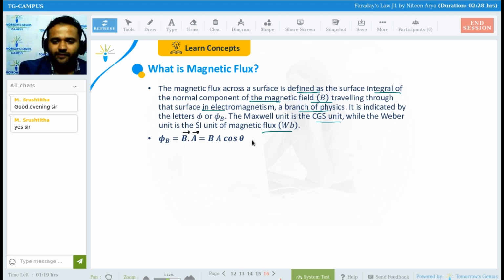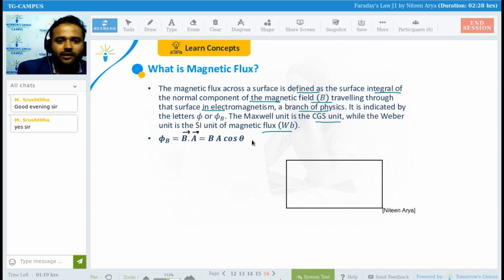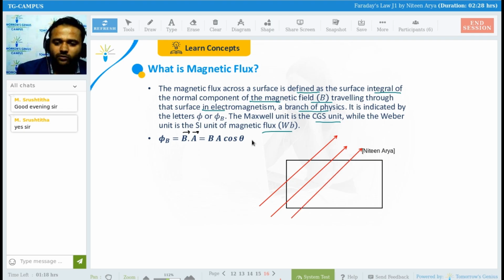Okay, so the magnetic flux. Already we know the physical terminology, the physical phenomenon. If suppose there is an area, in this particular area, how many lines pass through in this way or any particular way, with some angles, that particular thing is in general the magnetic flux.